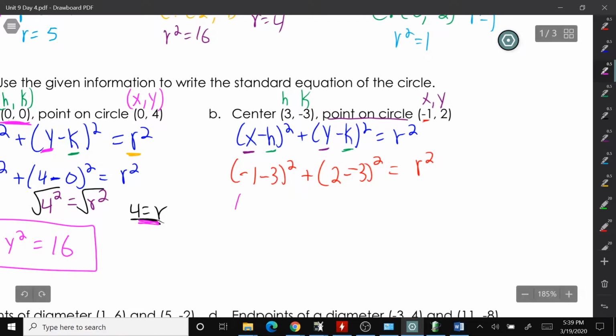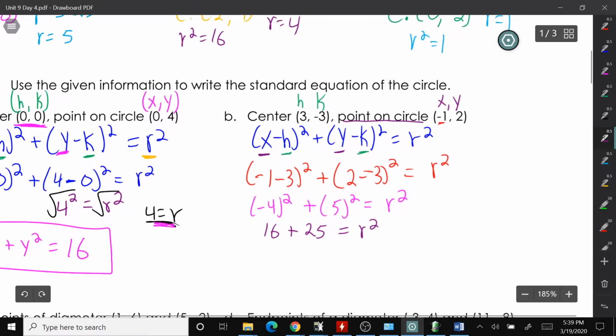So -1 minus 3 is -4 squared, plus 2 minus -3 is +5 squared equals r squared. -4 squared is 16 plus 25 equals r squared.